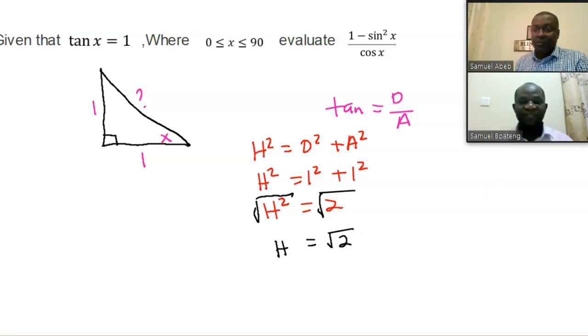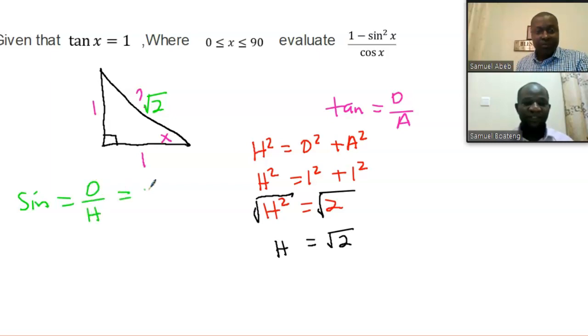We have been asked to evaluate 1 minus sine squared x over cos x. So we need to find sine x. Knowing the hypotenuse side, sine is opposite over hypotenuse. From the diagram, the opposite side is 1 and the hypotenuse is root 2.